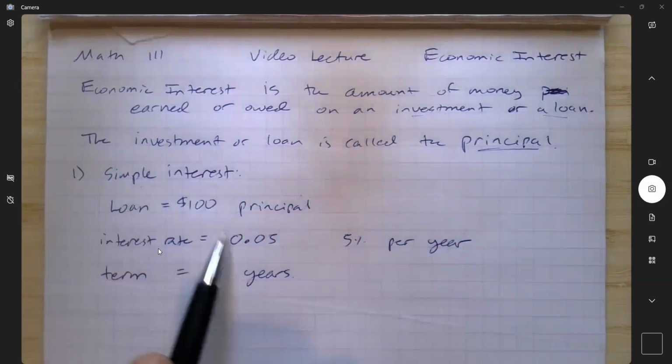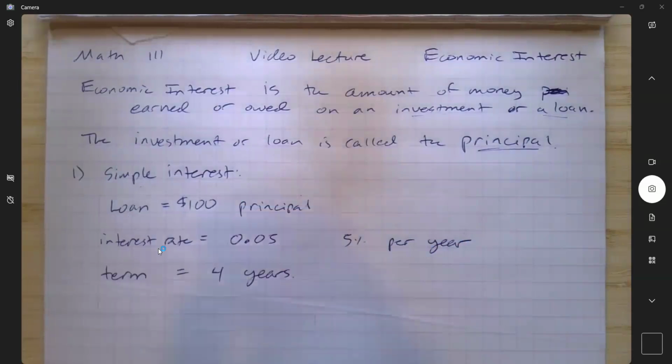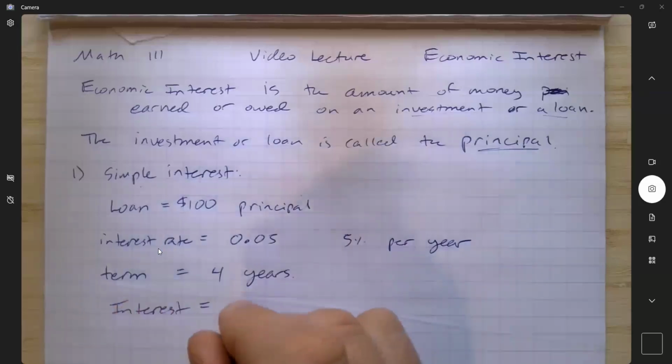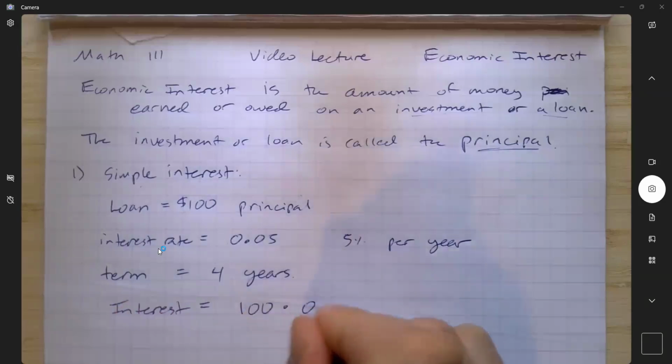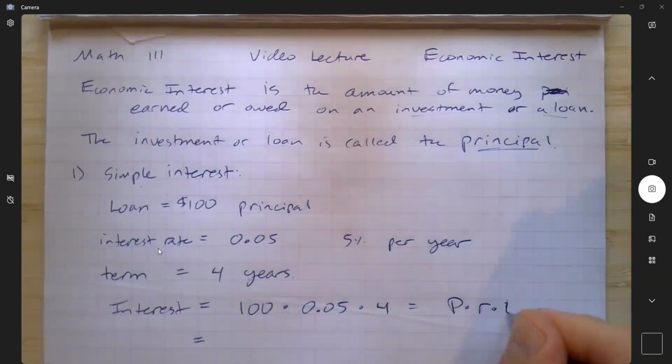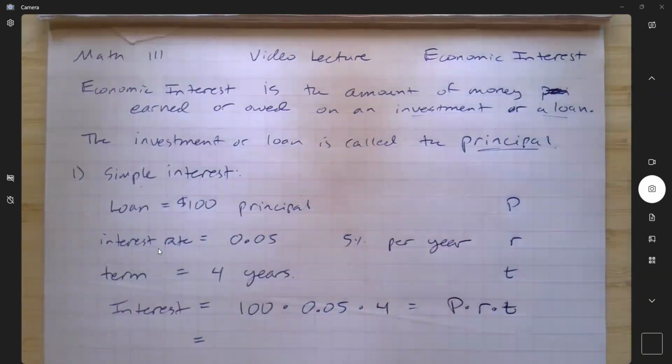To calculate simple interest, you have the loan amount, the principal, the interest rate as a decimal, and the term. And then the interest itself, we calculate by taking the principal times the interest rate times the number of years. P times R times T. So in this case, 100 times 0.05 times 4 is $20.